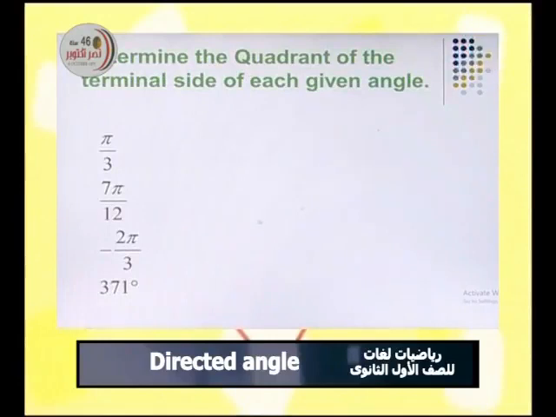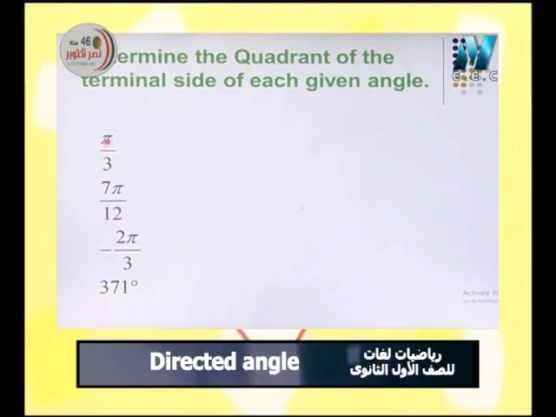As homework for you, my dear students, determine the quadrant of the terminal side of each given angle. Write these questions: pi over 3, 7 pi over 12, negative 2 pi over 3, 371 degrees. We can find it in degrees if we put 180 instead of pi, so 180 over 3.